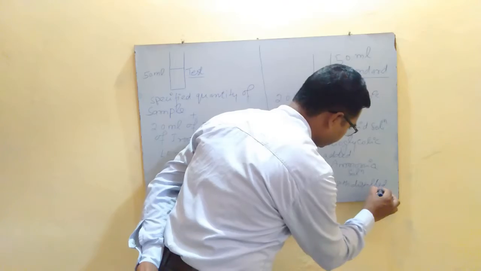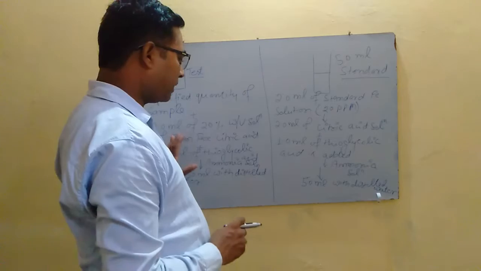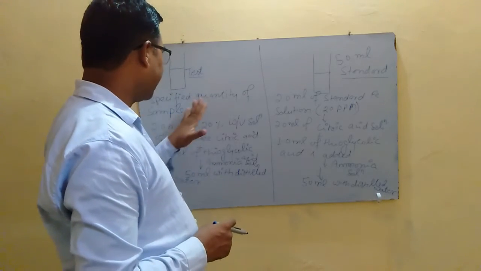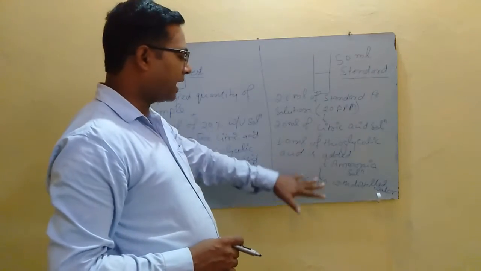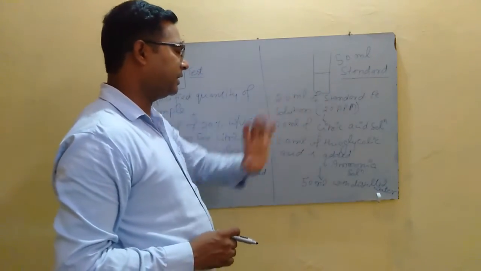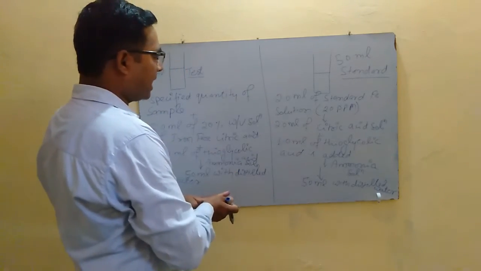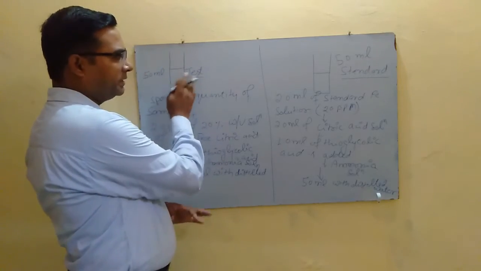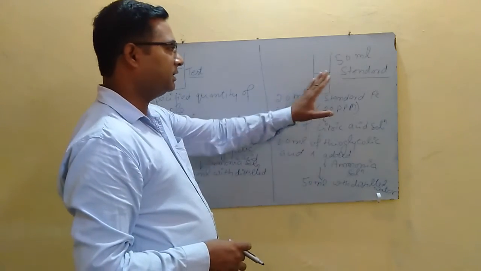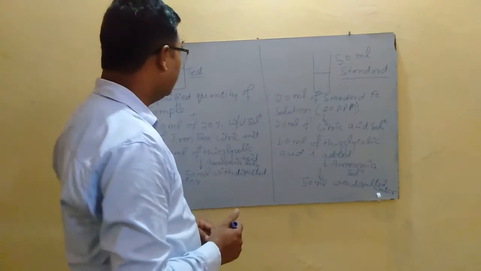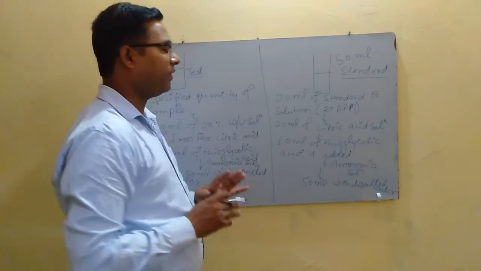In this manner, the color produced in the test Nessler cylinder is compared with the color of iron thioglycolate produced in the standard Nessler cylinder. If the color intensity of iron thioglycolate in the test Nessler cylinder is less than that in the standard Nessler cylinder, then our sample passes the limit test of iron.